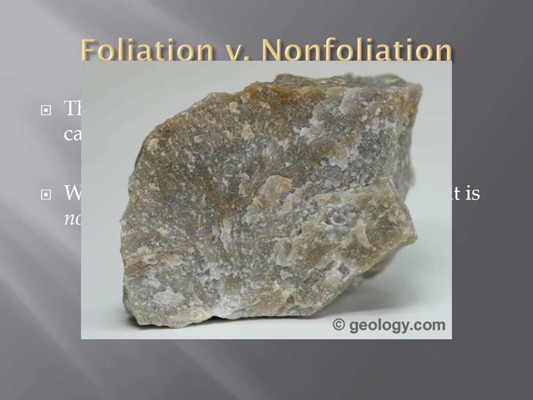An example of non-foliation would be this quartzite piece right here. The protolith of quartzite would be a quartz sandstone, and when you subject that to a lot of heat and pressure, those individual grains of quartz in the quartz sandstone would partially melt and bind with one another, and you would end up with a quartzite, which generally has much harder properties than quartz itself.